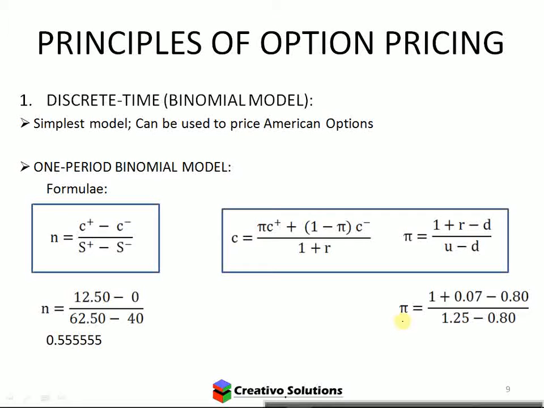Okay, now what do I do? Now you take that pi into the C form, with all the other variables.